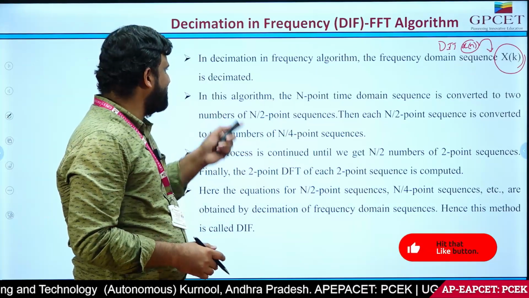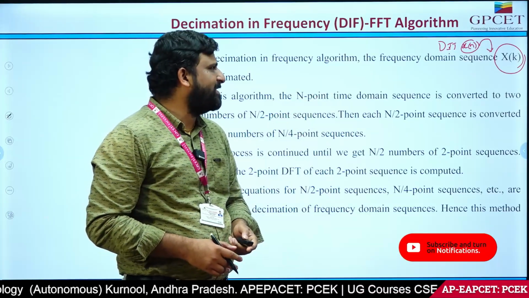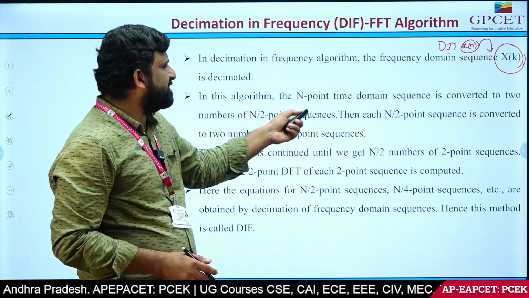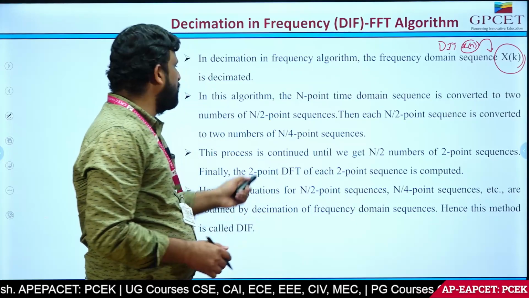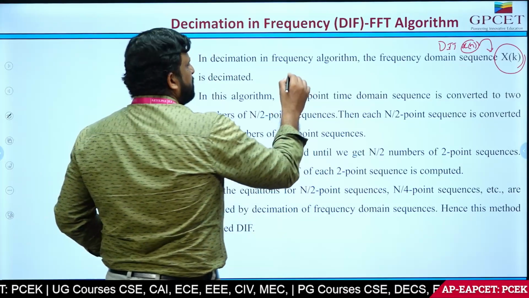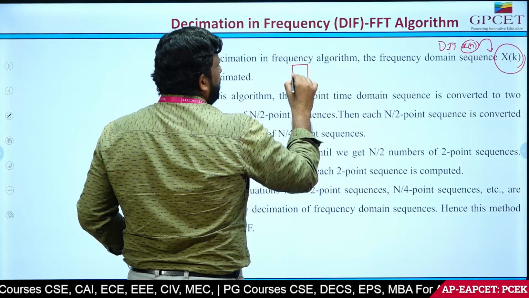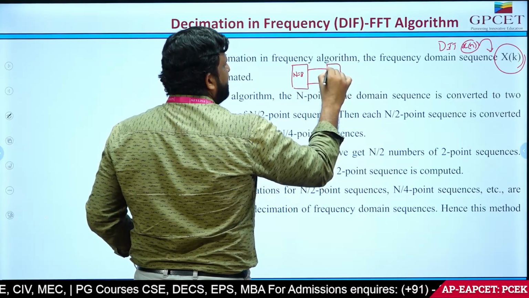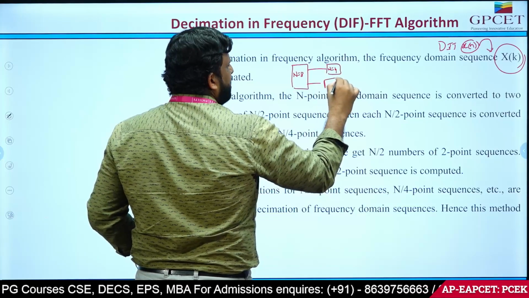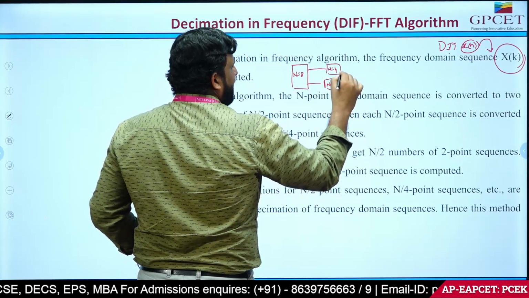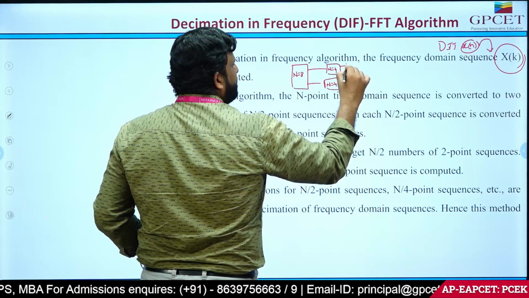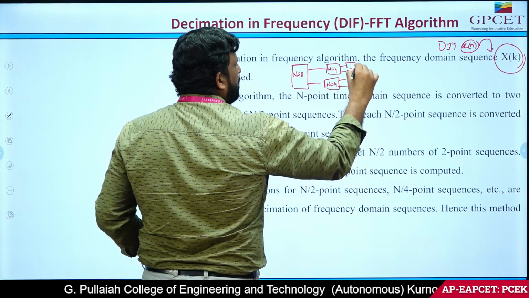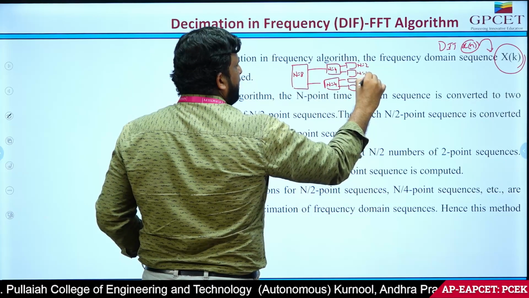So what it says: the N-point time domain sequence is converted into two N by 2 sequences, then each N by 2 sequence is converted into two N by 4 sequences. So first we consider N equal to 8 and divide it into two parts, N equal to 4 and another N equal to 4, and later each is subdivided into two parts, that is N equal to 2, four times.